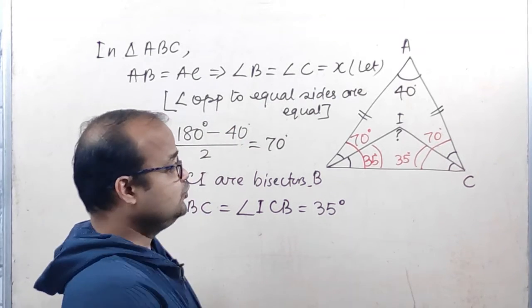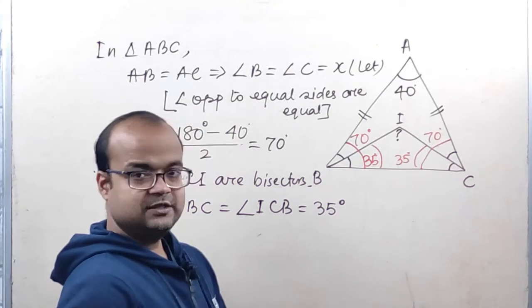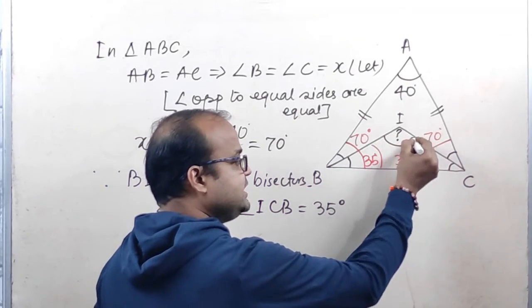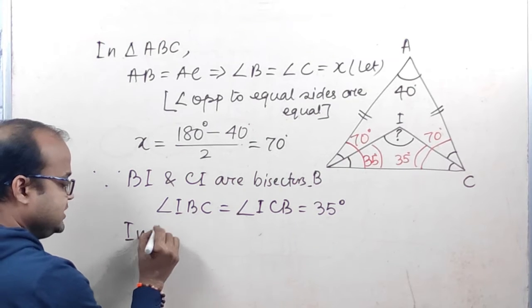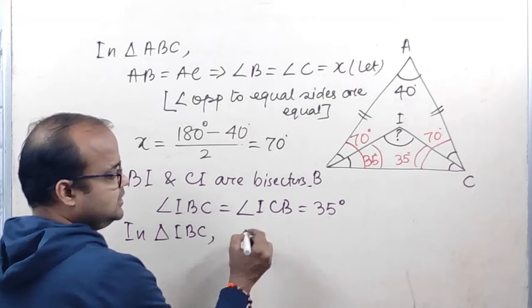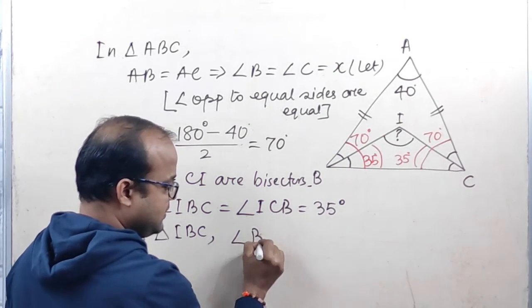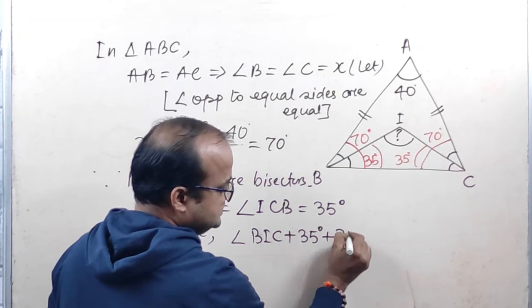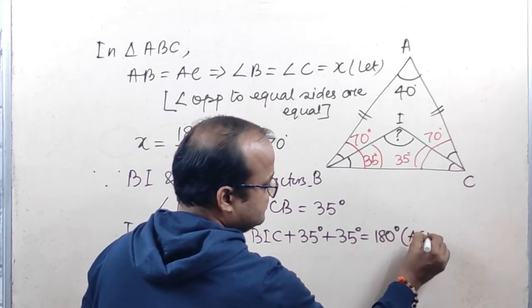Now to find out the value of BIC, we are going to use the angle sum property in triangle IBC. So in triangle IBC, angle BIC plus 35 degree plus 35 degree is equal to 180 degree, angle sum property.